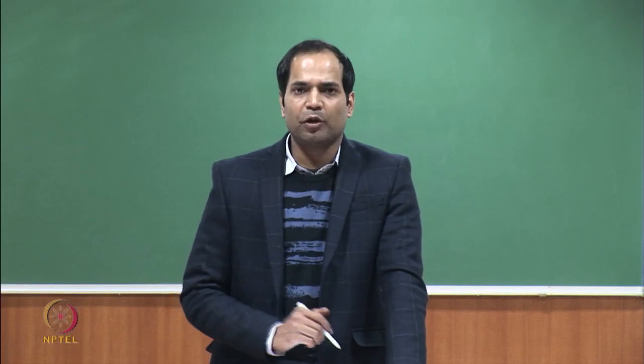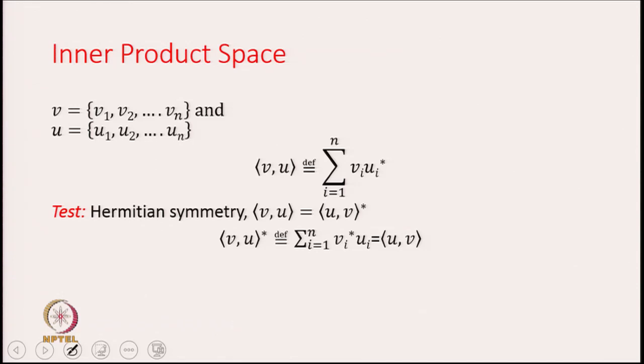Now, if this operation has to be a valid inner product operation, it has to satisfy the three properties that we have listed out. So, Hermitian symmetry, bilinearity and strict positivity must be satisfied. So, let us test whether this definition satisfies Hermitian symmetry. For this, the inner product of vector v with u should be the same as the inner product of vector u with v, but with a conjugate.